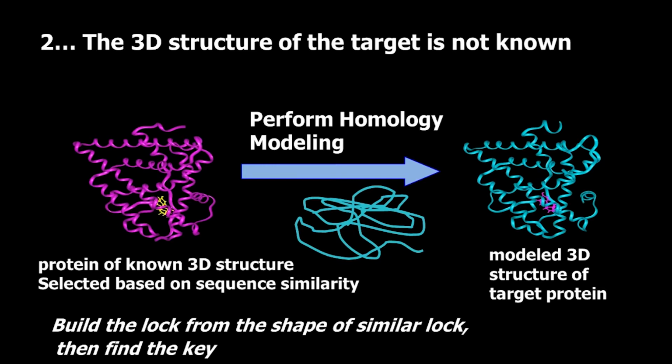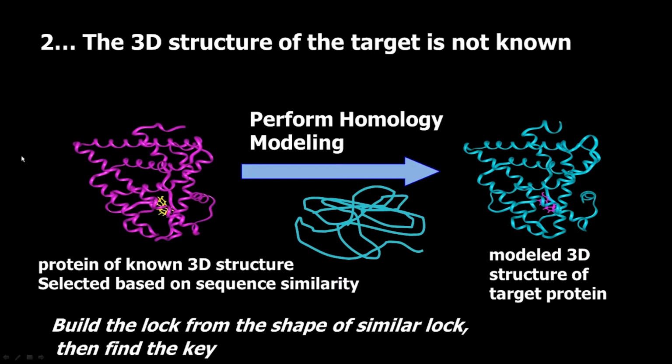So what do I do? I do something called homology modeling, and then create the three-dimensional structure of the protein of my interest. The homology modeling is created with respect to another protein which has a sequence similarity. We talked about sequence similarity some time back. It is like building the log from the shape of similar logs. So there is one log I want to build based on some other similar log. Once I do that, the target protein 3D structure is built.